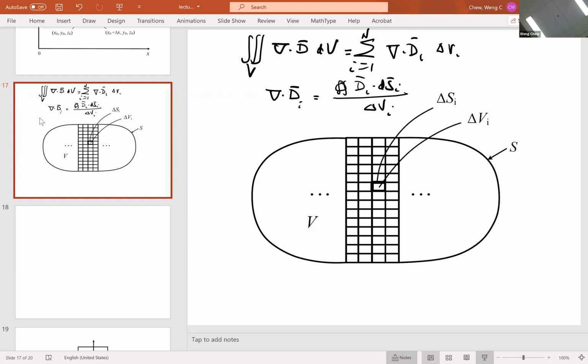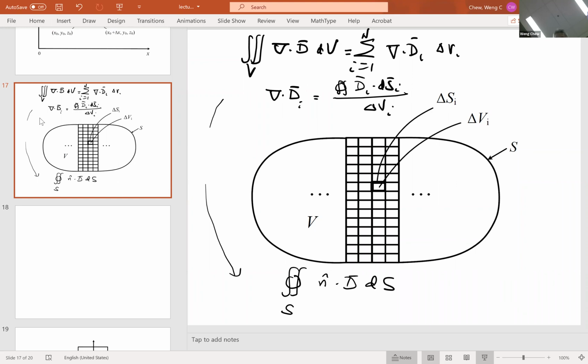Okay, so what you eventually have is that this integration would finally become just a surface integration on the outermost surface. Okay, it only involves integration on the outermost surface in this Gauss divergence theorem.